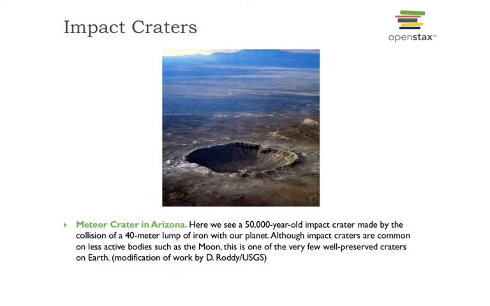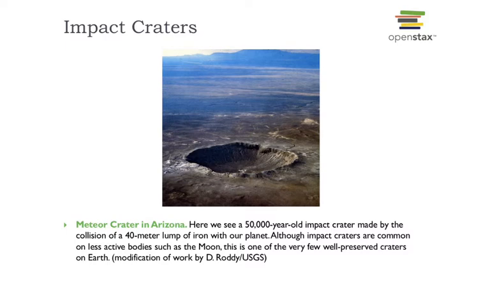Here we see some impact craters. This is Meteor Crater in Arizona, about a 50,000-year-old impact, and we can still see the shape of it, the large impact. Erosion has occurred here, but it's very large, so the crater itself still remains. We think something perhaps about 40 meters across, made of iron, hit the Arizona desert.